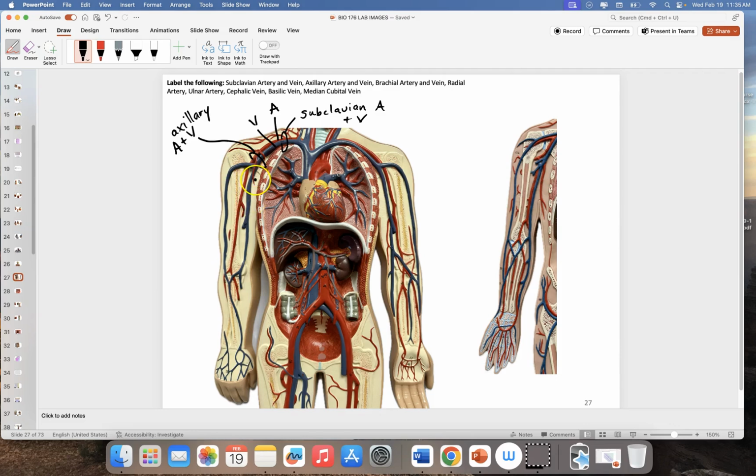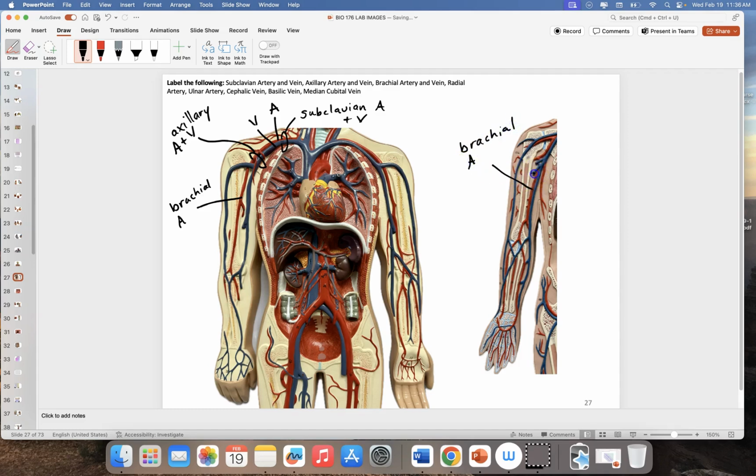If we go ahead and continue on with our artery, if we follow the axillary artery, now we are in the brachial area. And that means then that this is going to be our brachial artery. We can also see the brachial artery on this other model as well.